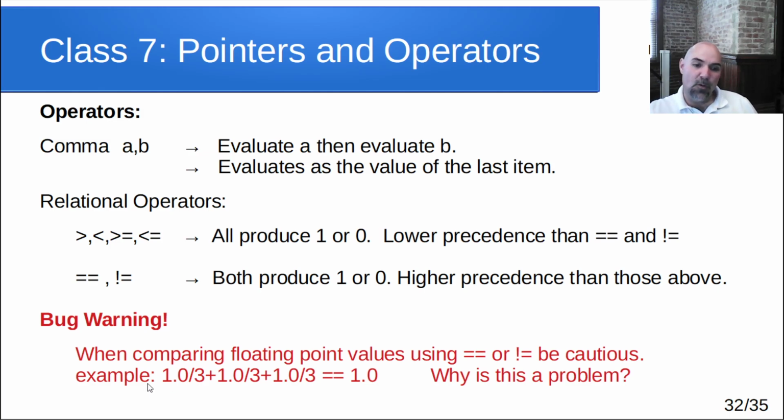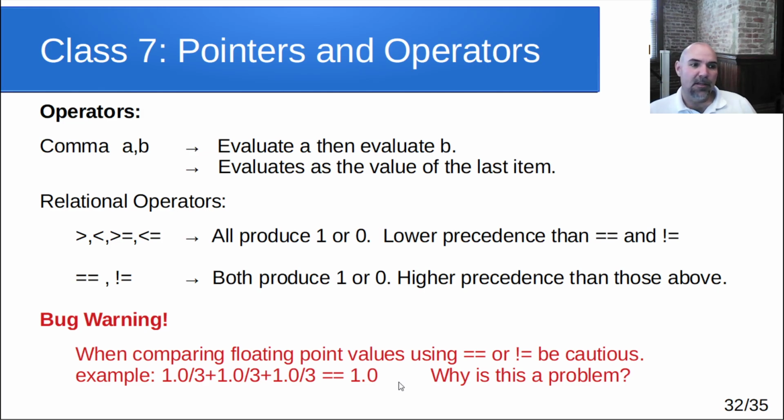Remember, floating point values only have, if it's a single precision, what, 7 or so digits worth of precision. If we have a double, we've got like 15 digits worth of precision. So when I say 1 divided by 3, I'm going to get 0.333333, some 7 digits worth of 3s. And when I add that to that to that, I'm going to end up with 0.9999999, a bunch of 9s, which is not going to be equal to 1.0. So whenever you're comparing a floating point value, it's best to compare within some tolerance.